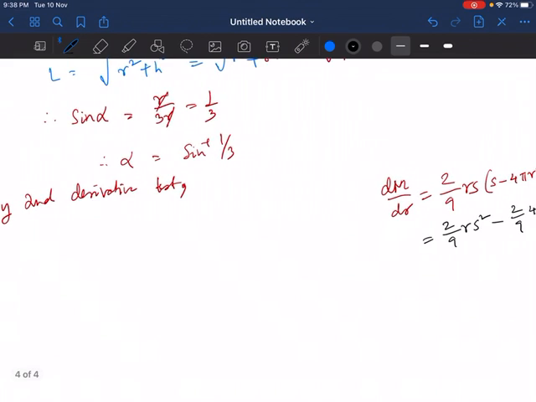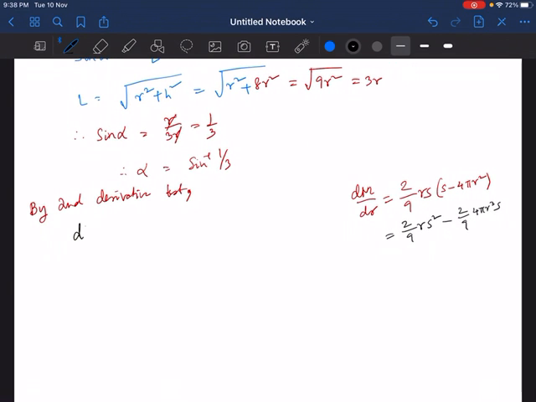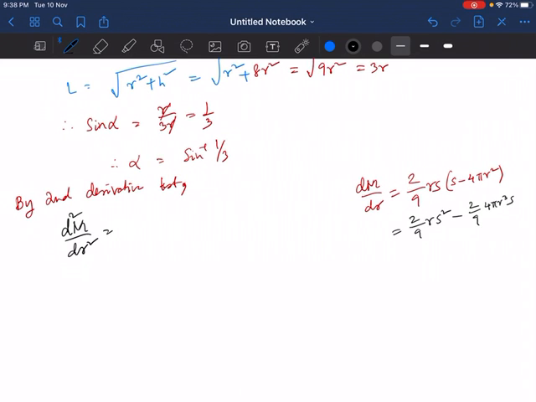So now let us find out d2m dr square. d2m dr square is given by 2 by 9 s square, and this one will come out to be minus, 2 into 4, that is 8, right?